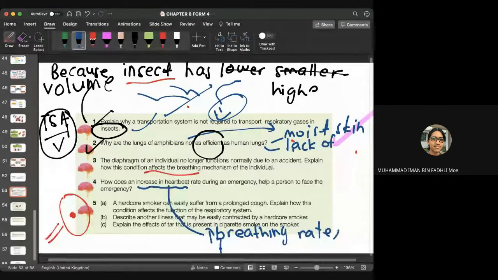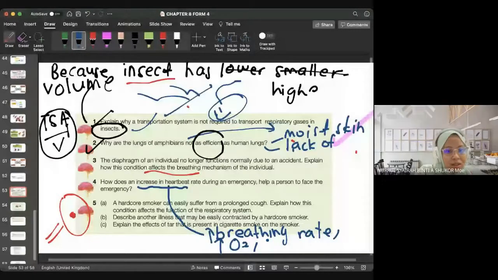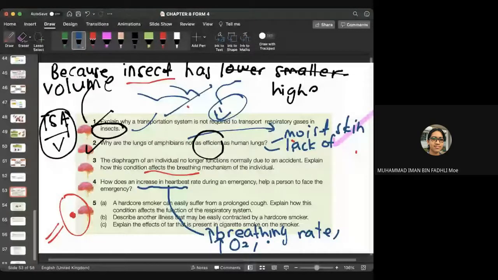Therefore, if the person is required to run from a situation, the cells will be able to generate energy, to generate the energy required for the person to run. The extra oxygen will also be transferred to the brain for the person to think correctly in an emergency situation.